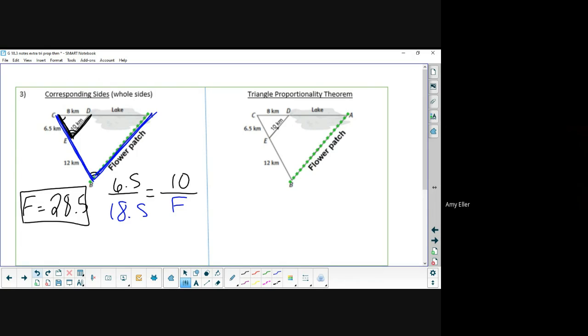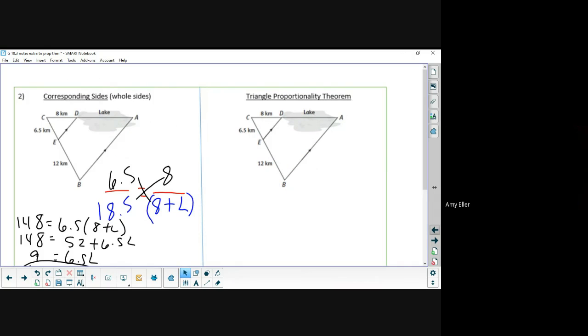So similar setup, compare the small triangle to the large triangle, the small triangle to the large triangle. Alrighty. Technically, nothing that we've done today is new. The new part is going to come in this other side. The new part for today is there's a shortcut.